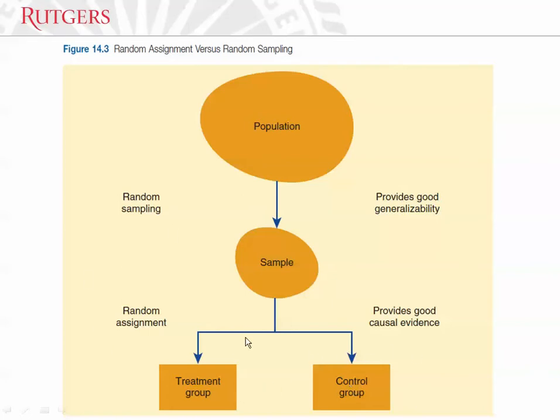That in some ways provides the best overall kind of evidence because you have good causal evidence from the random assignment, and you can generalize that cause and effect evidence back to a larger population because you randomly sampled. But just be careful that most real-world studies involve one or the other, not both. It's relatively rare to have both together.